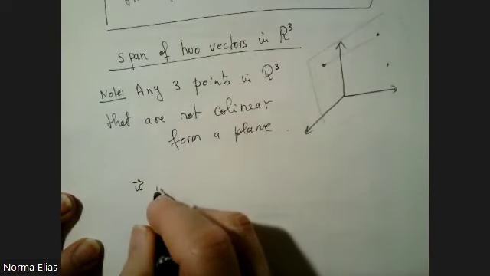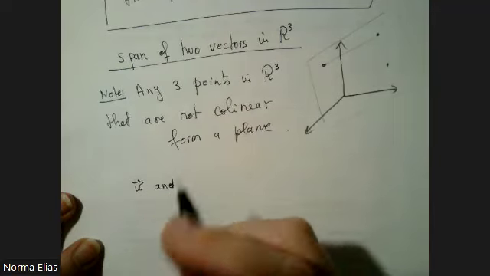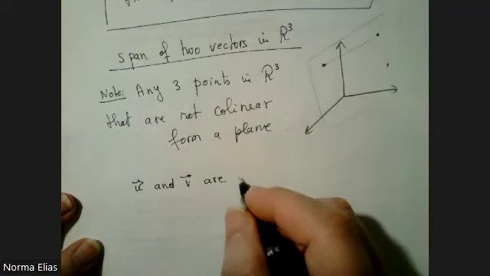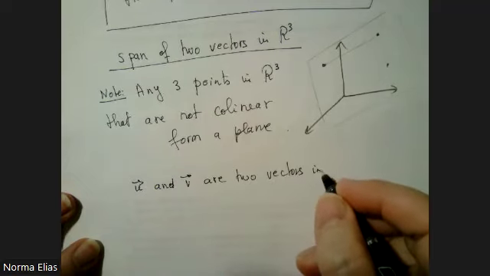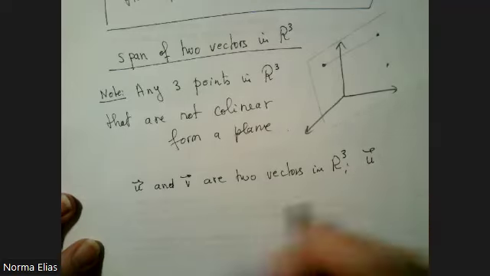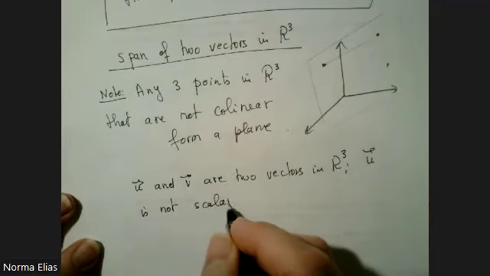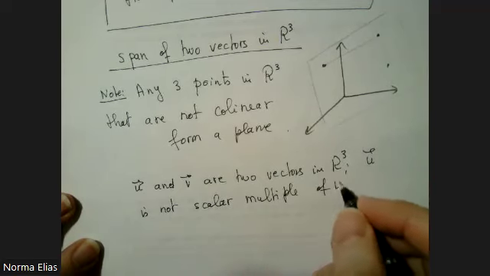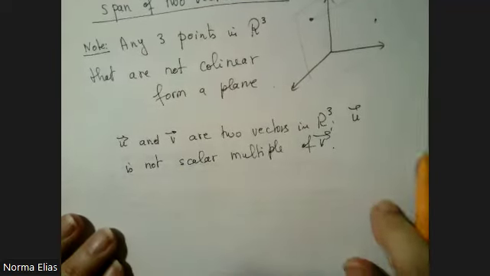Suppose U and V are two vectors in R3, such that U is not a scalar multiple of V. So the question is, what is their span?